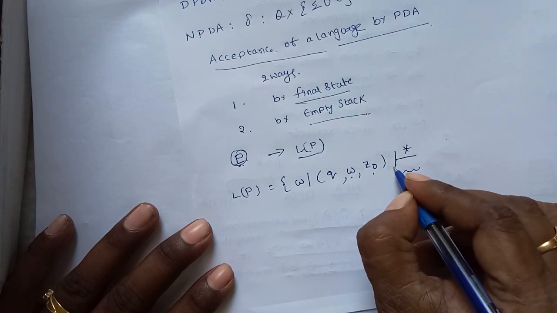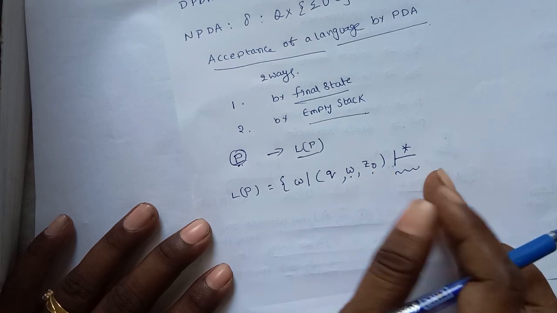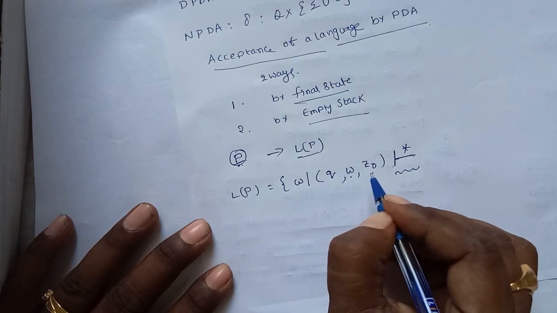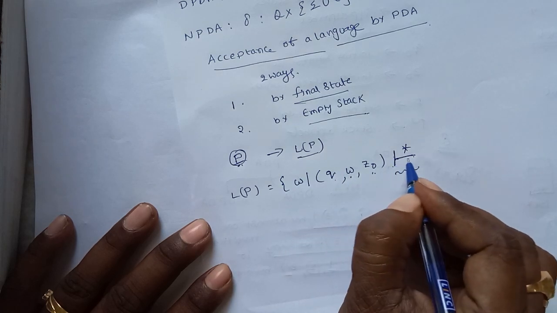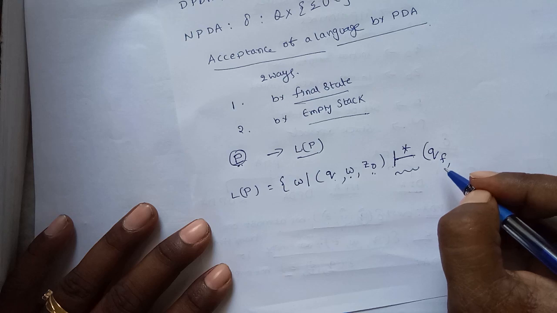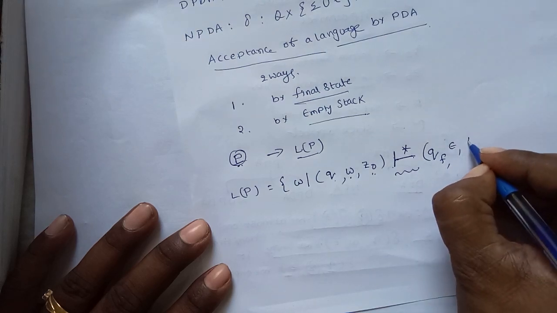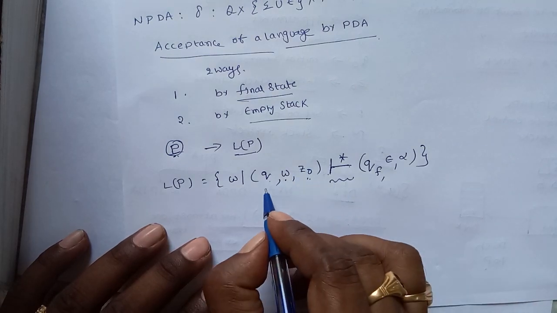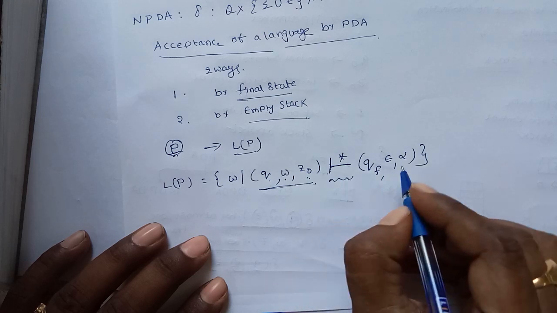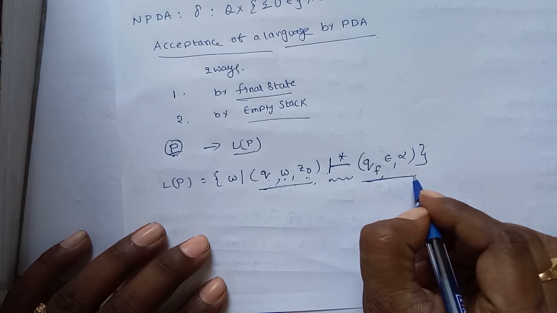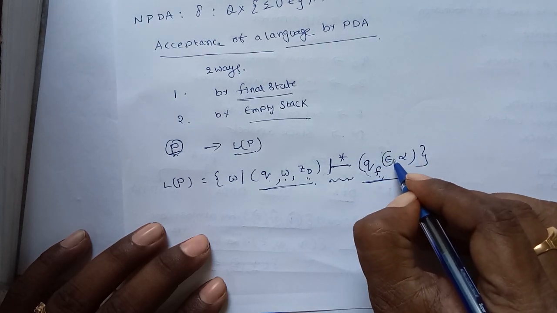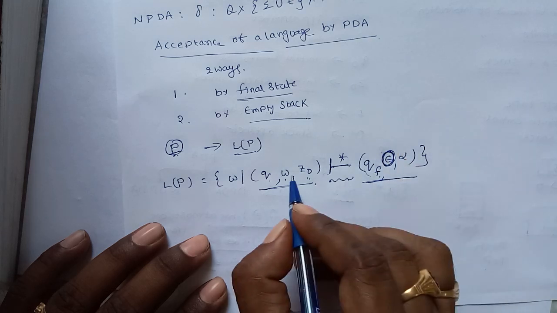This symbol specifies many number of moves on this input, state and stack. Suppose you are getting a state QF, epsilon, some stack. This is the starting transition. From this, after many number of moves, if you are getting this notation, here QF is the final state, and epsilon represents there is no input symbol.